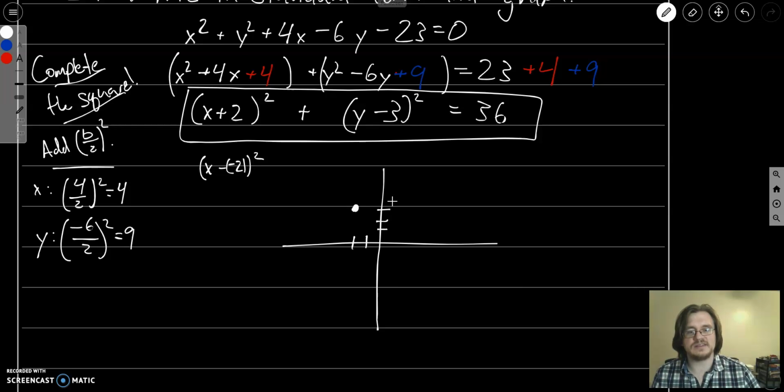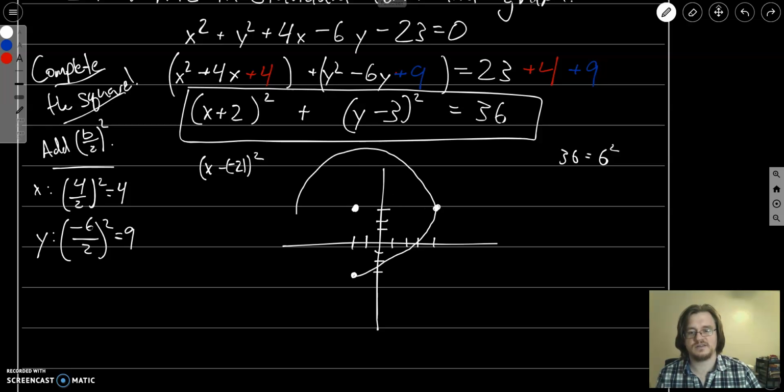And then what is the radius? Well, 36 happens to be 6 squared. So the radius is 6. 1, 2, 3, 4, 5, 6. 1, 2, 3, 4, 5, 6. So our circle is going to, if I can draw correctly, look something like that.